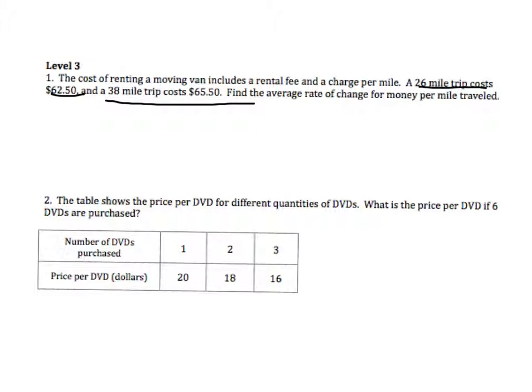So this is actually something that's very useful. It's called unit pricing. Basically, you're looking for the cost per unit, whatever you're talking about. So cost per ounce, cost per mile. You'll see this a lot in the grocery store. You're looking for cost per ounce. So if you're ever looking at chips, for an example, look at the price tag, and it should have the unit rate on it.